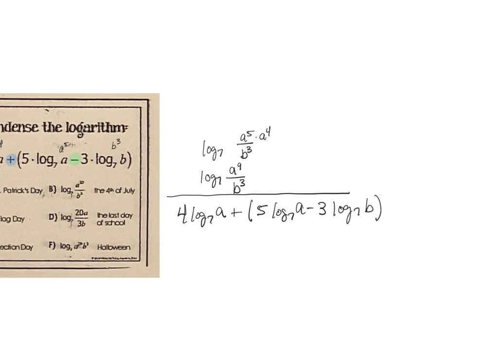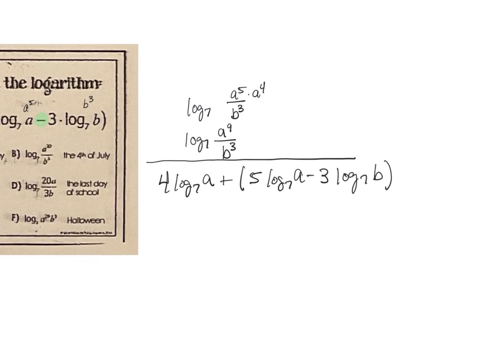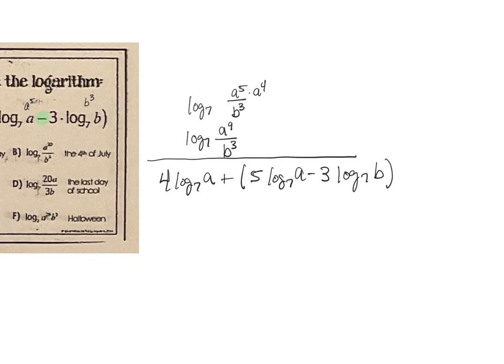Okay, so let's take care of all the exponents first. So our exponents, remember, are these numbers that are on the ground, the stars on the ground in front of our logarithms. So log base 7 of a to the fourth plus log base 7 of a to the fifth minus log base 7 of b cubed.